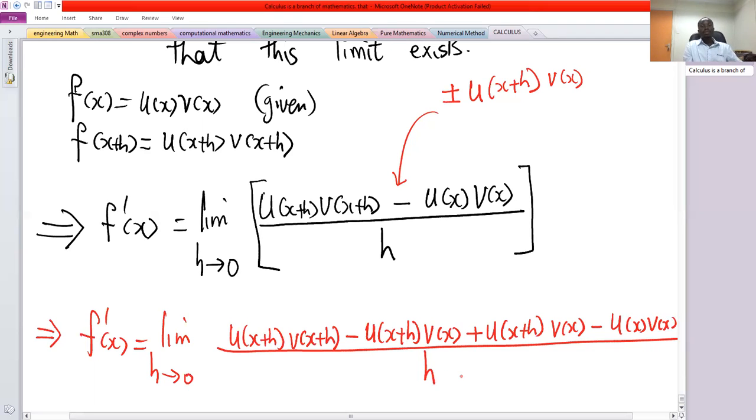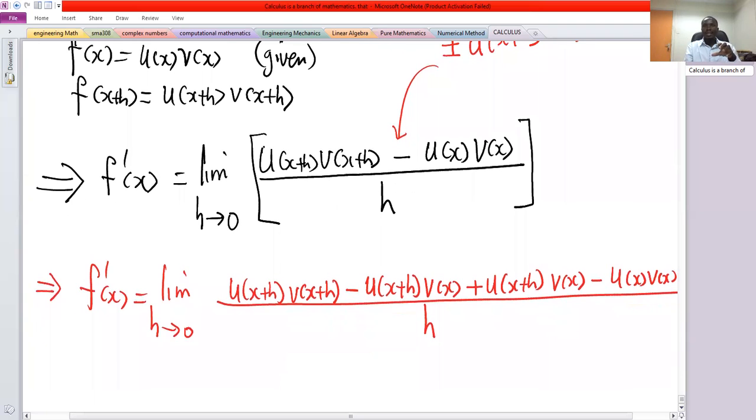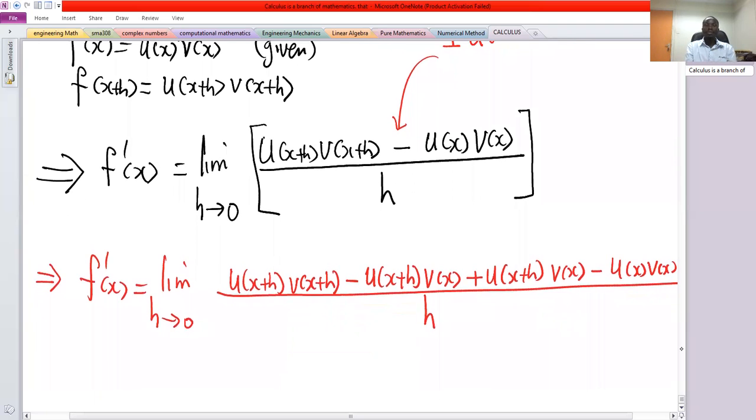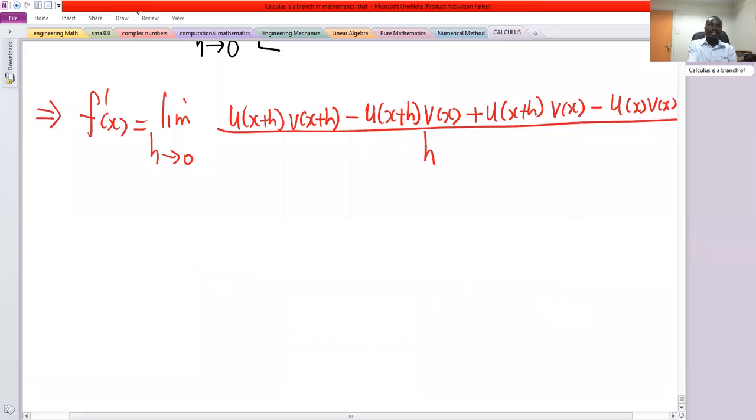There is no change I've done to the expression. The only thing is that I've tried to rewrite this middle term in a nice way. It's like I'm adding 0 to the expression without changing the value of the expression. So by doing that, now I'm changing my expression from having 2 terms only to having 1, 2, 3, 4 terms.